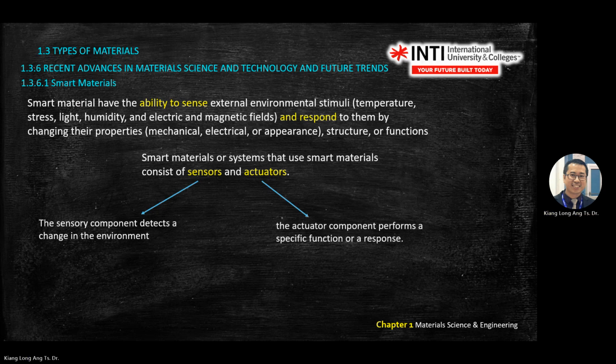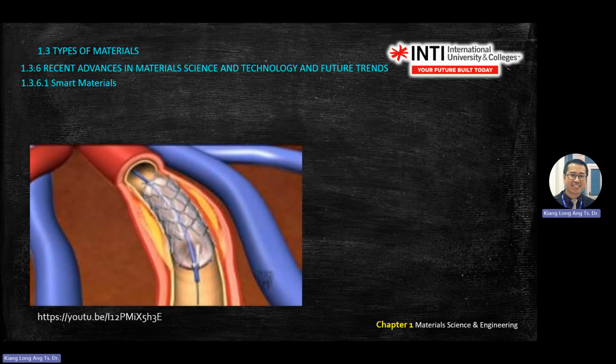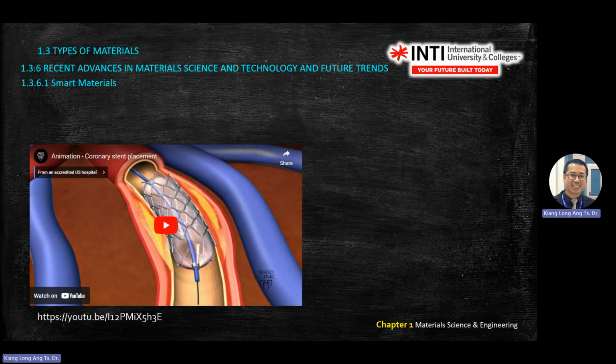Okay. So this is blood vessels on a smart material. Again, this video you can watch at your free time. This is just to expose you to the current trend.